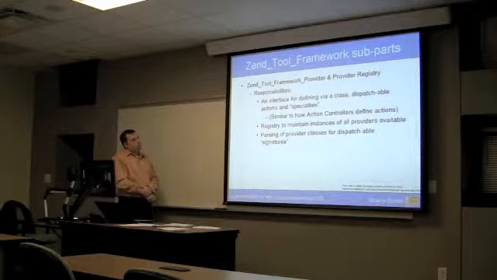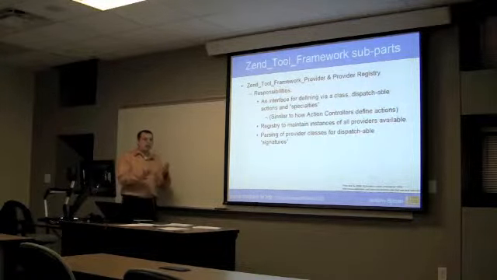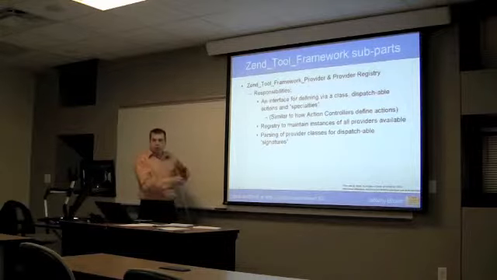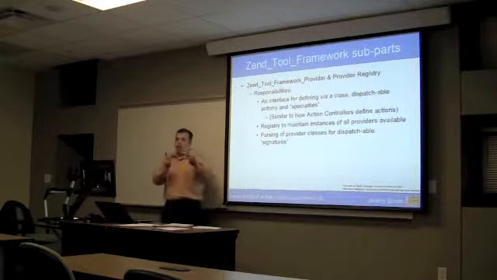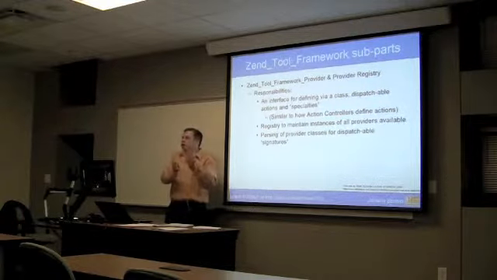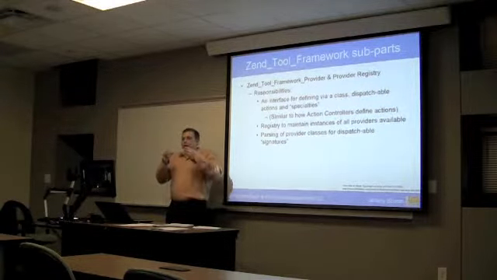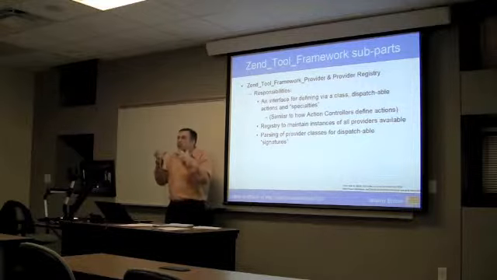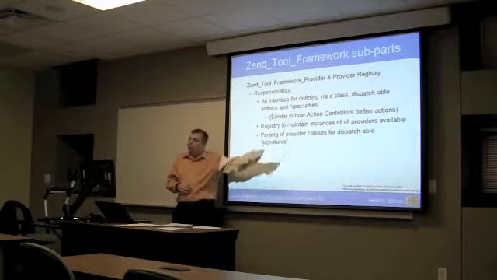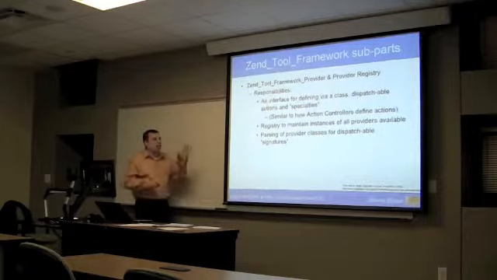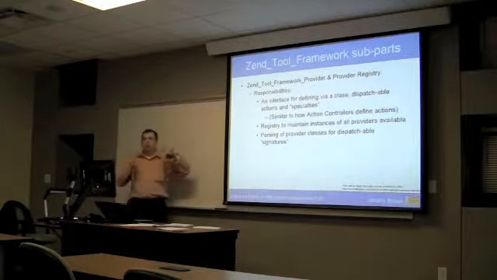So, this says, I have Zen Tool, and I have a way to store my own user configuration stuff, and I have a way to load my own providers, and I have a console client available to me, but the actual stuff that does the work inside of Zen Tool is a Zen Tool Framework Provider. And so this is the object and the classes that are going to do all the work.